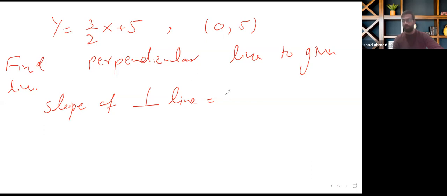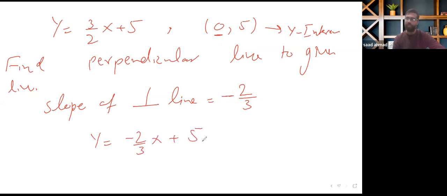This is positive, so that one will be negative 2 over 3. The point is given, and it is also the y-intercept, because the x coordinate is 0. So we can write y equals -2 over 3 x plus 5. This is the slope and this point is the y-intercept, which is b. So this is the line.